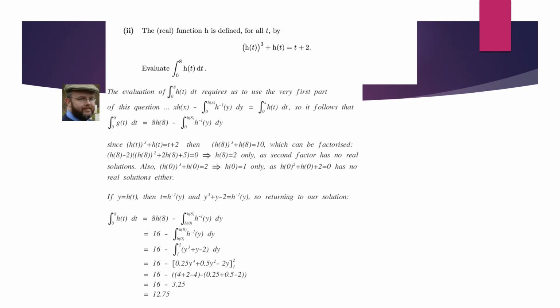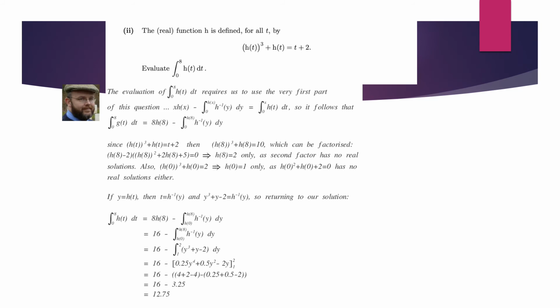Again, let's set the problem up rather than trying to evaluate h of t between 8 and 0 with respect to t. Let's set it up as the initial part of this question has, and I've written that up for you. I can see immediately that I've done something a little bit silly. I've done the second term, an integral between h of x and 0.